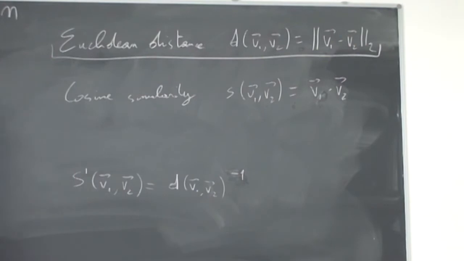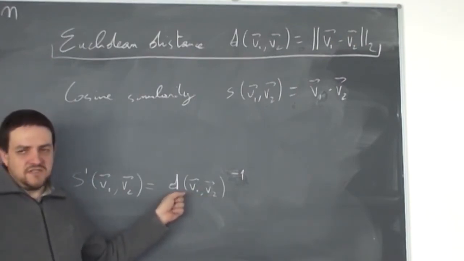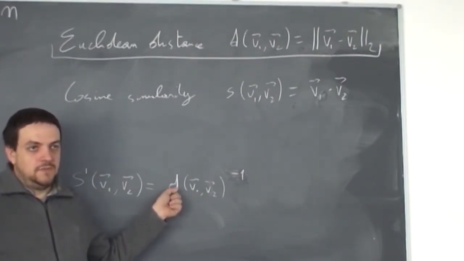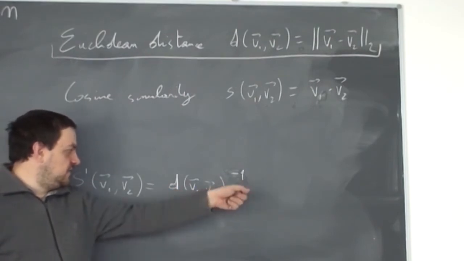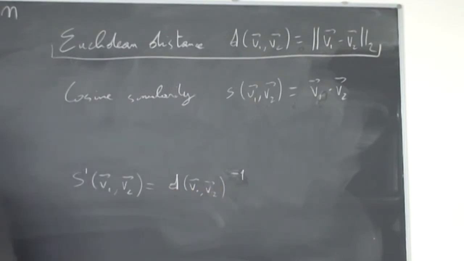This will be 0 if the distance is very large, infinite, and it will become infinite when the distance is 0. So we can easily switch from distance to similarity and the opposite.